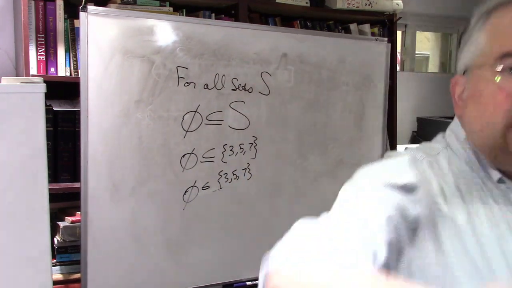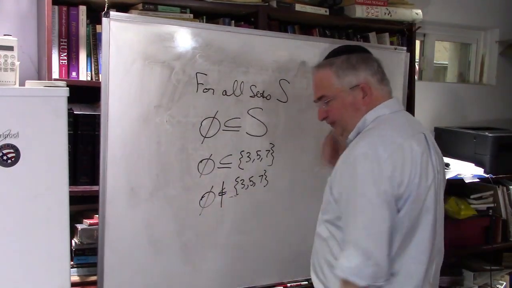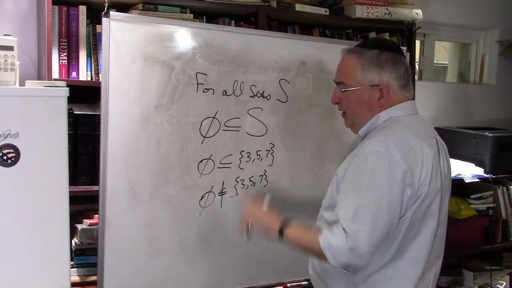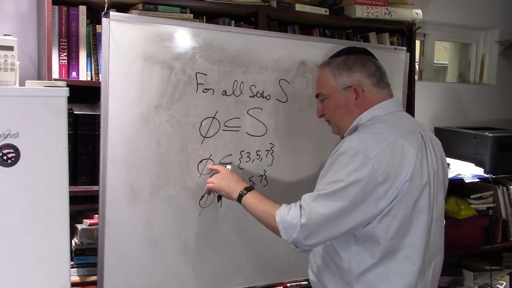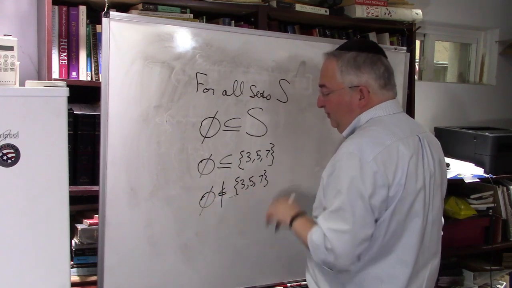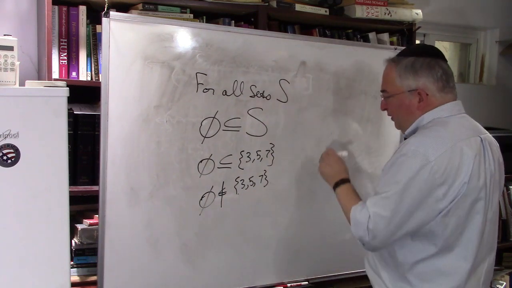This is not true, because it's not an element, but it is a subset. Again, what does it mean? Every element of this is an element of this, but this is not an element of that. Okay, so, although, watch this.